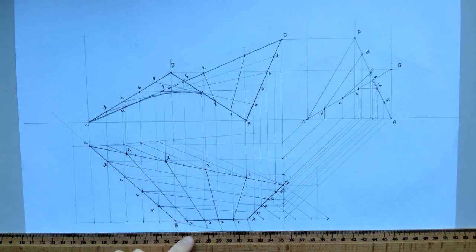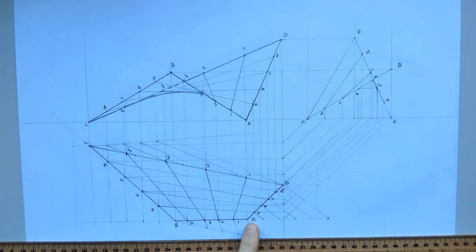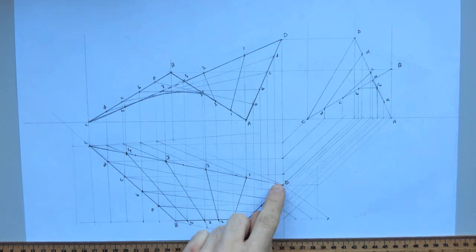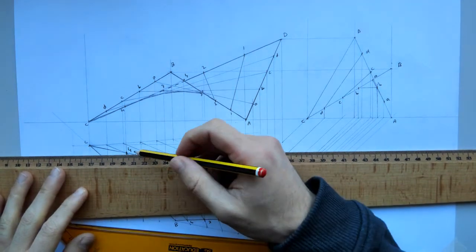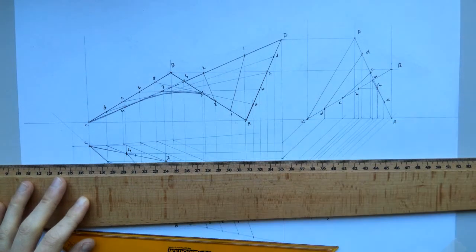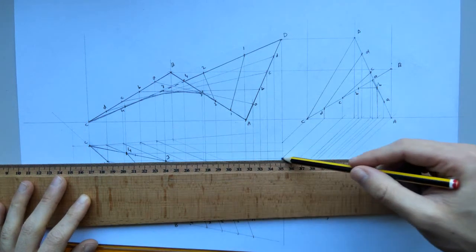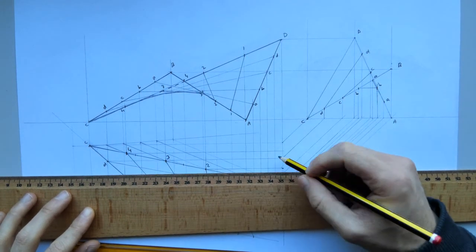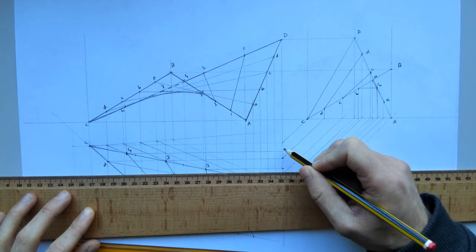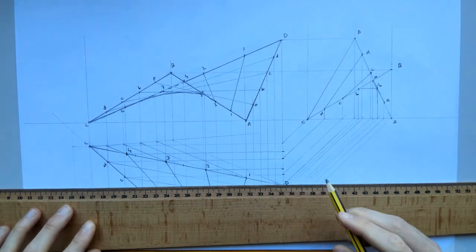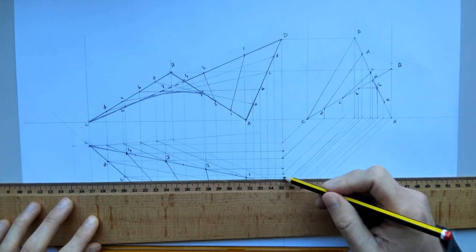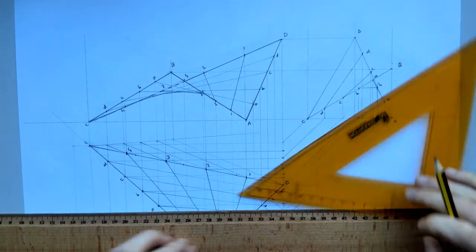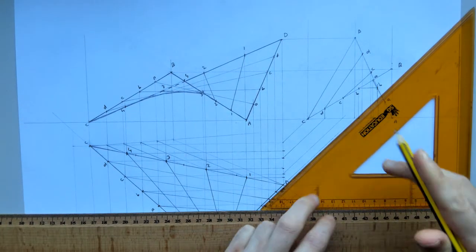And I have to do it 1, 2, 3 and 4 on the lines AB and DC. So I have 4, 3, 2, and I just mark them to make sure I know which ones I'm taking across. And one here. And we take them up. So on the line CD.